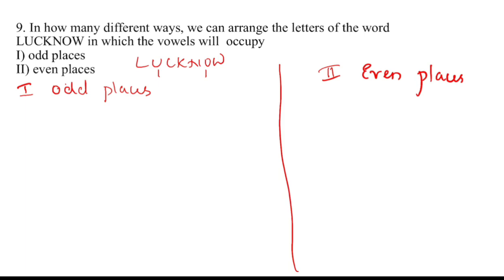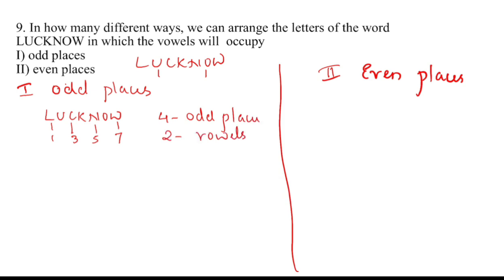And in the word Lucknow, how many odd places are there? 1, 3, 5 and 7. So 4 odd places are there, and 2 vowels.